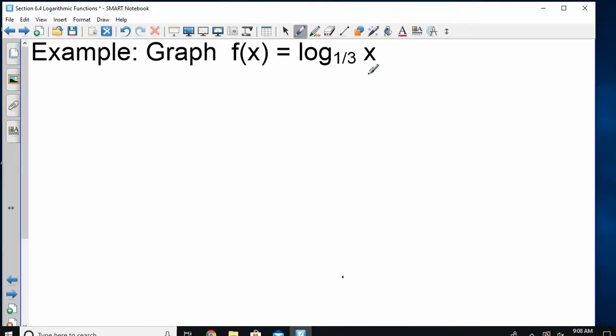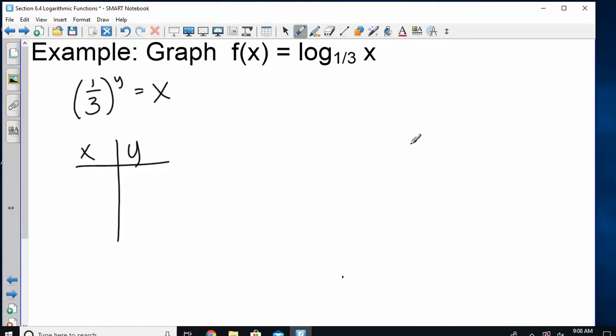So f of x is the same as y, so if I wrote this in exponential, it's like 1/3 to the y equals x. So if I made my t-chart, would you be plugging in the numbers for the x or for the y? For the y.